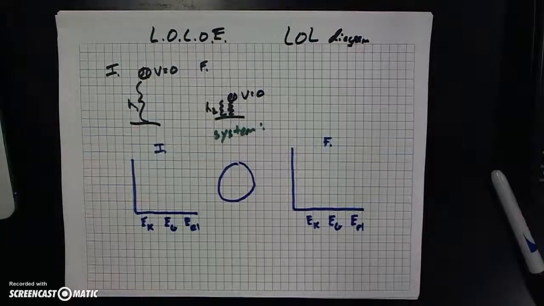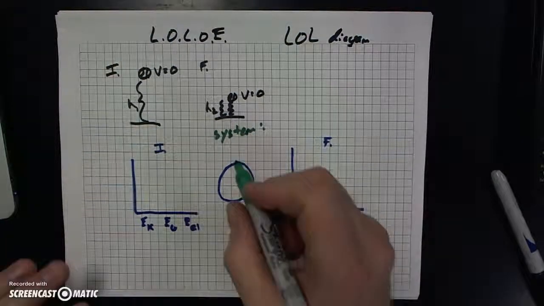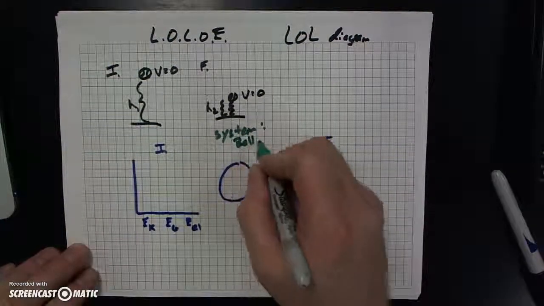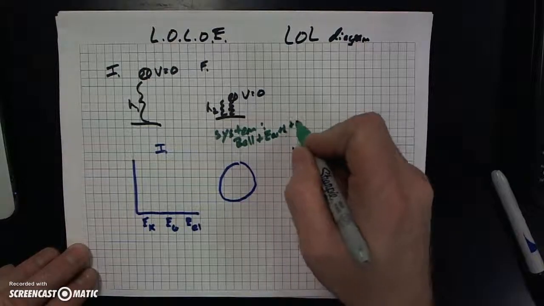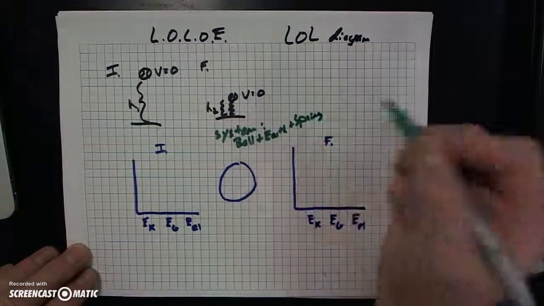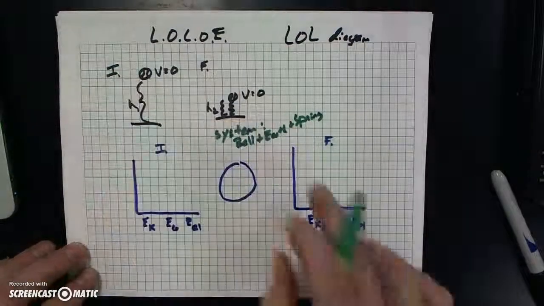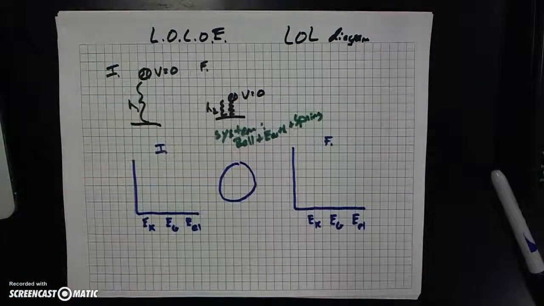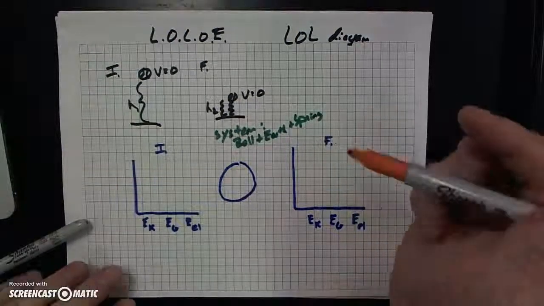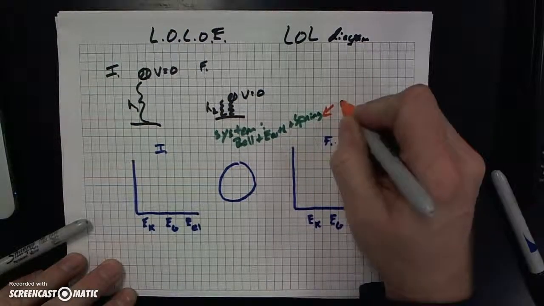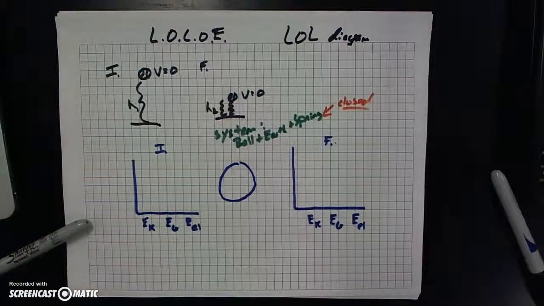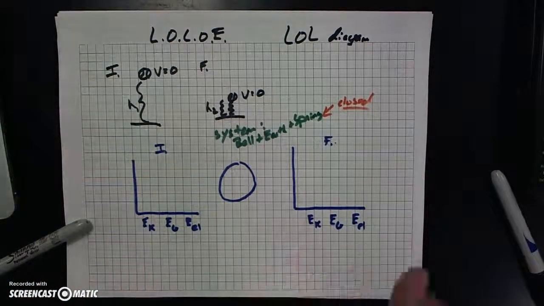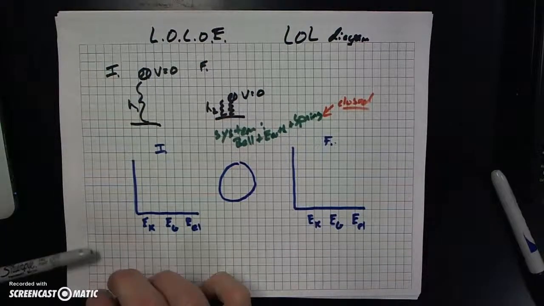So I'm going to start us off with the system of the ball plus earth plus spring. So it's going to be all the things in our system here. This basically makes us deal with a closed system, right? There's nothing outside of our system. It's all incorporated within our system.